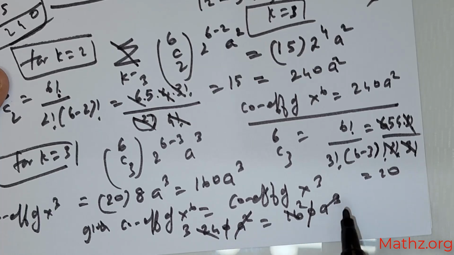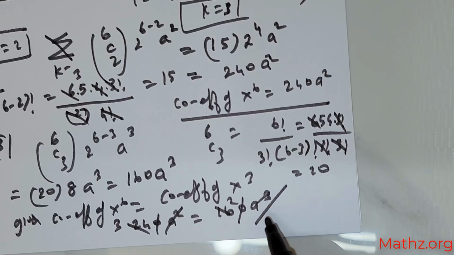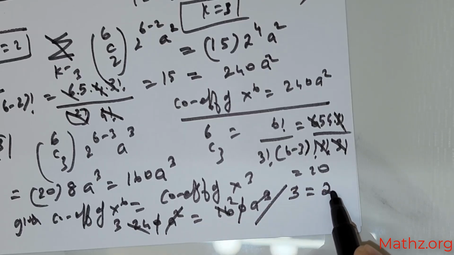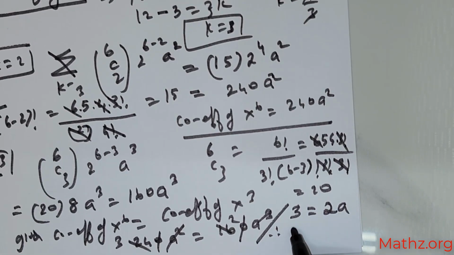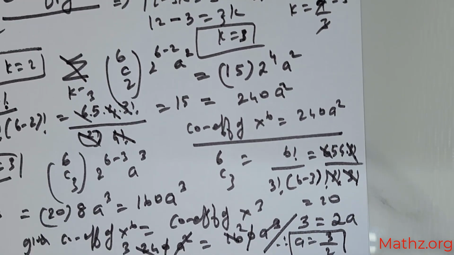Now a squared and a squared can be cancelled. So that leaves us, let me write this down, 3 is equal to 2 times a, right? So therefore what is a? A is equal to 3 over 2. So we have to do all of this to get this value. A is equal to 3 over 2. So that's the solution for this question.